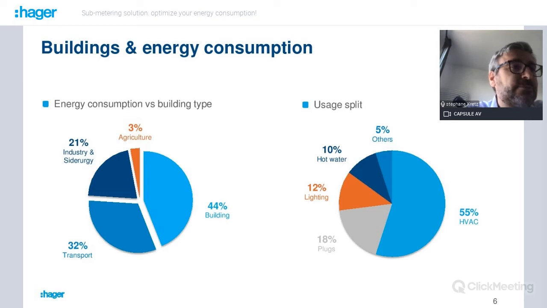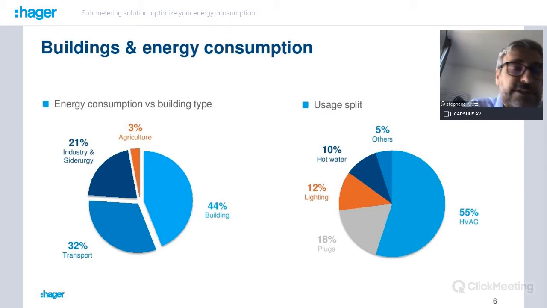Building and energy consumption. First, on the left of your screen, you can see how energy consumption is globally used, and you can see that the main consumption, 44%, is in buildings. Of course, you also have transport, which is important, approximately one third.